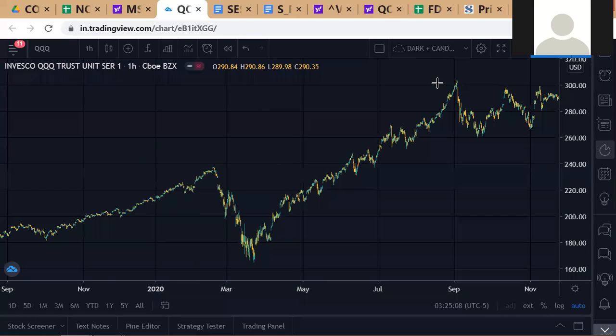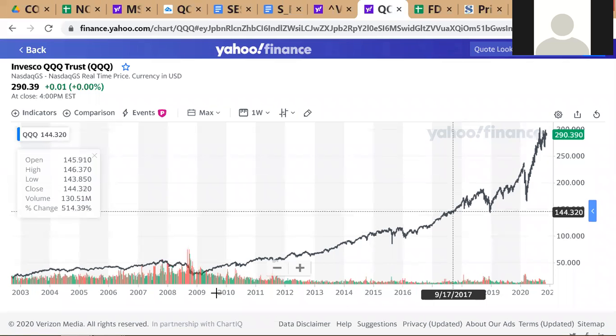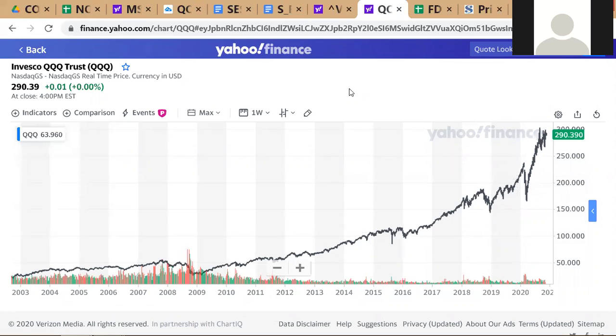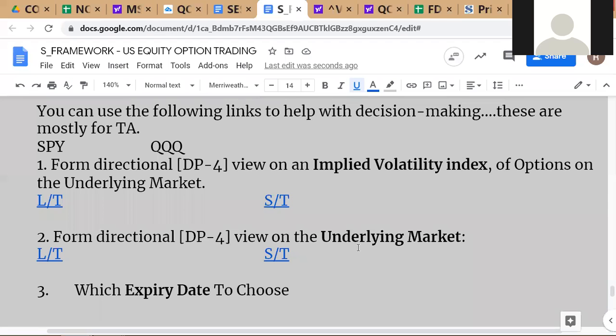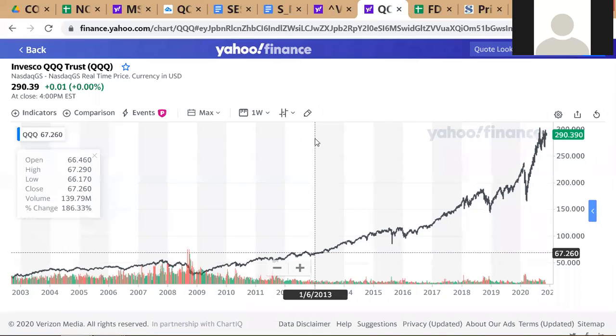The data range becomes shorter, but you have much greater granularity by looking at an hourly chart, because this chart is actually a daily or probably a weekly chart, very long term. So that's the chart links for the underlying market. And on the eyeball index, this is where you'll get some idea that this is long term. And I think I've now put the QQQ indicators here.